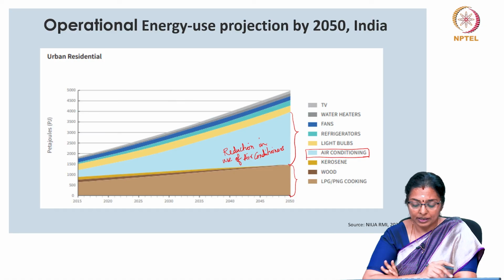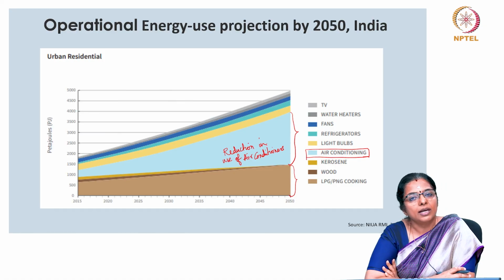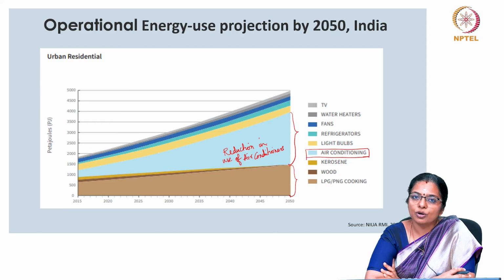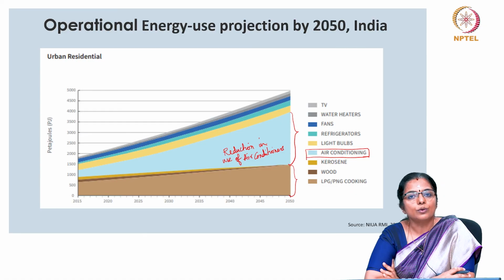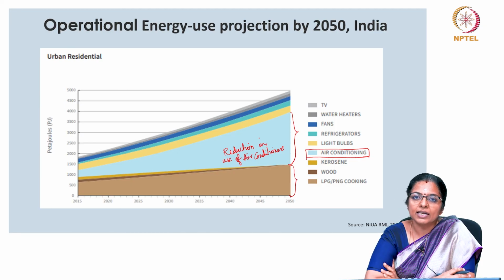Why do we use air conditioners? Because the indoors are not thermally comfortable. Can we make the indoors thermally comfortable? Yes. How do we do that? Through appropriate design, through appropriate choice of building materials, using bioclimatic principles, using simple passive techniques, and if not possible, using advanced passive techniques, and so on.